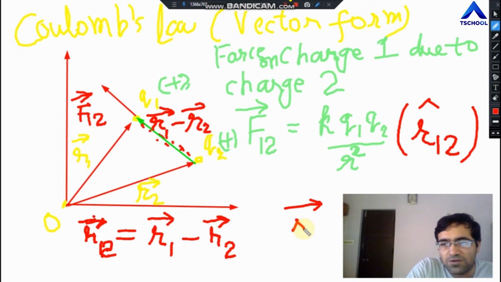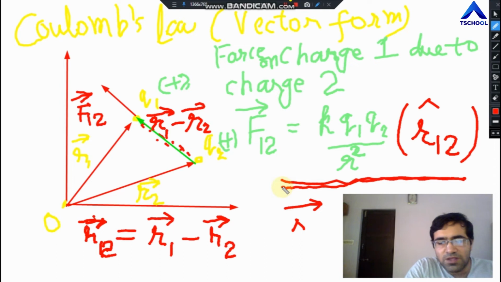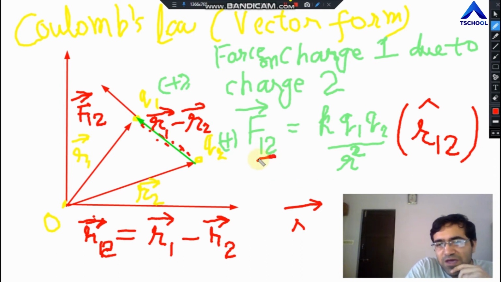So what I've written over here is that the magnitude of this F12 vector is k q1 q2 by r square, and the direction of that vector is the same direction as the r12 vector.